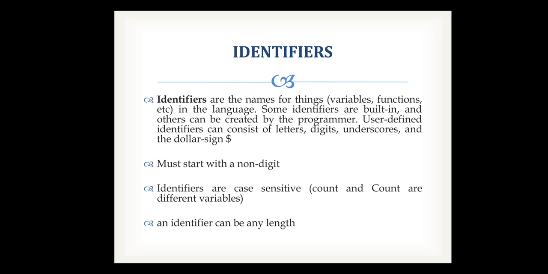So there is a difference between the first count and the second count. That's why this identifier is case sensitive. An identifier can be any length. So identifier length can vary and it can be any length.